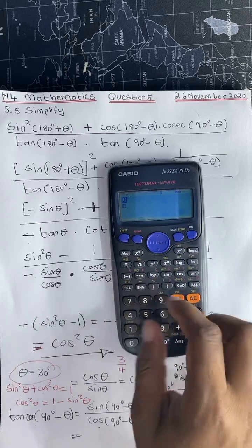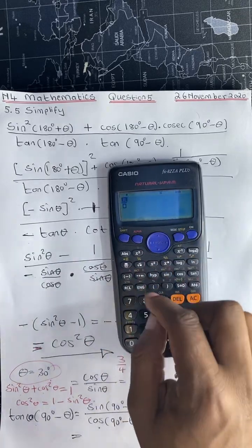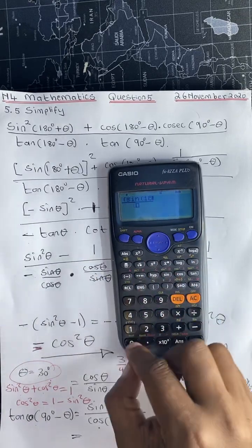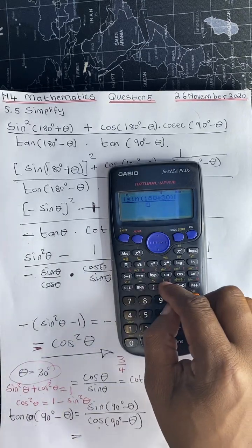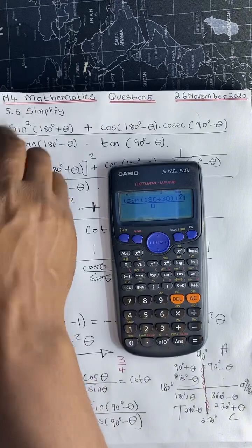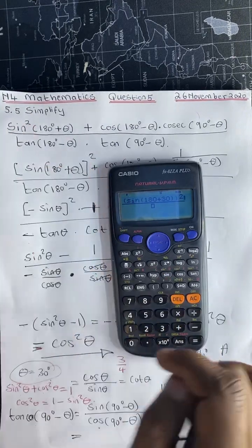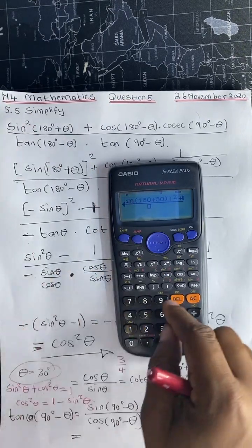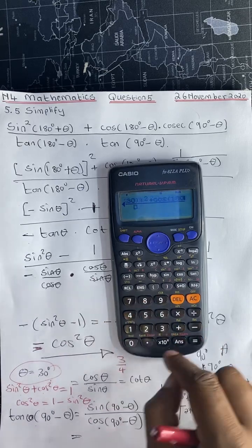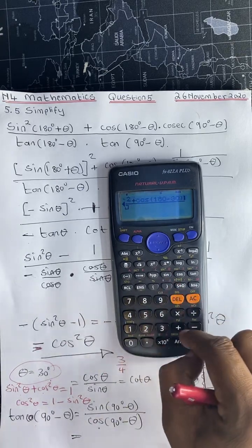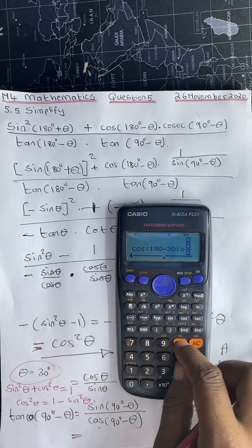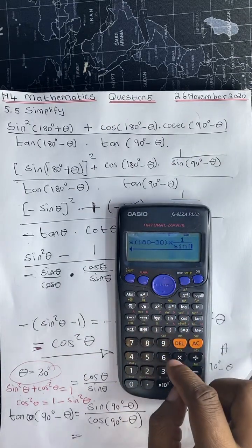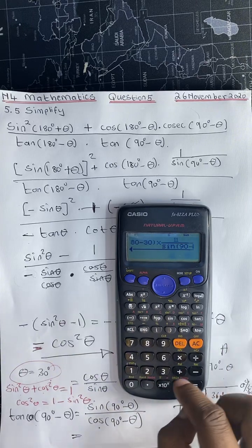So let's check it. So we have sine of 180 degrees plus 30, and we square this whole thing because of that square, plus, where there is theta, we substitute 30 degrees. So cos is equal to 1 over sine of 90 minus 30.